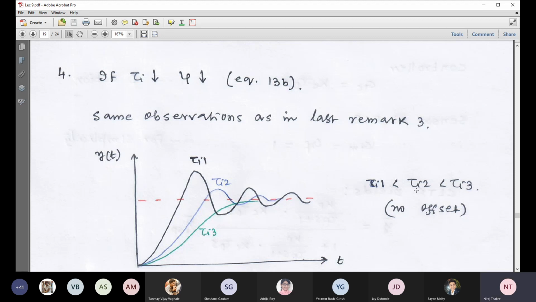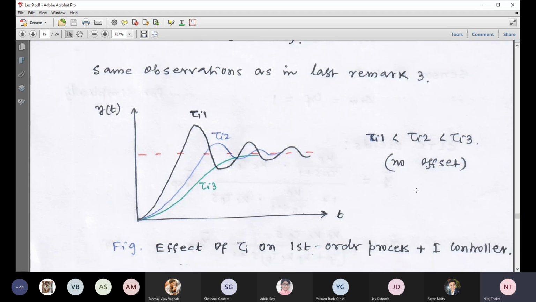And I have shown again there is no offset. In fact, for integral action, I have shown before also that it eliminates the offset.